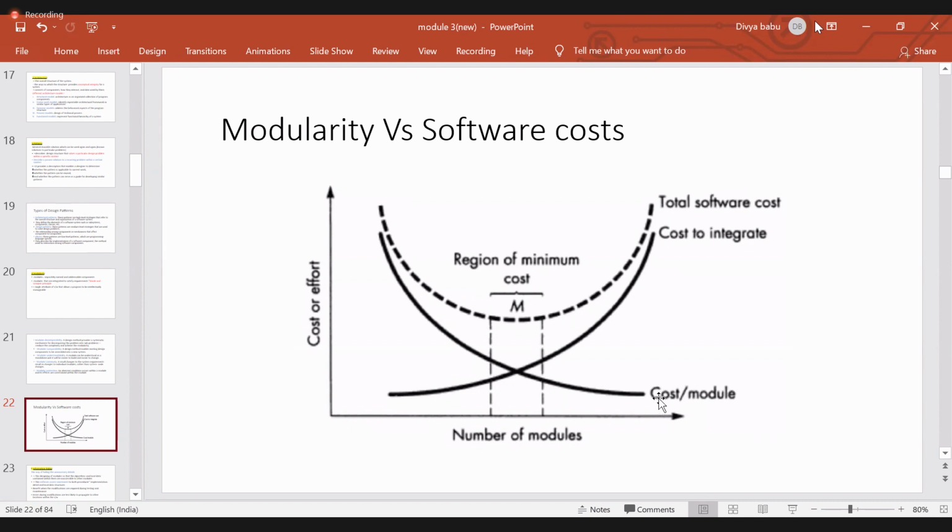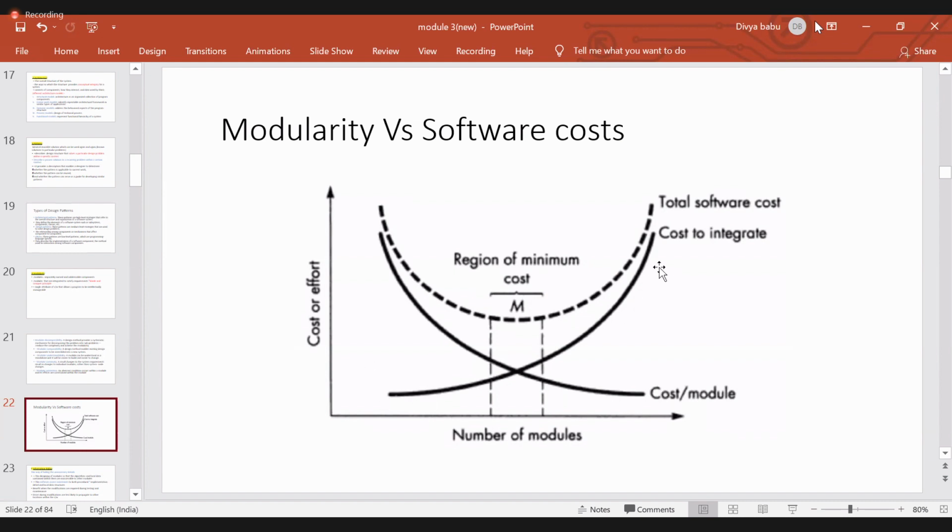But when the number of modules is high, this is the x-axis, then cost per module is less. Why? Because modules are very simple, not complex. So the per module cost is less.